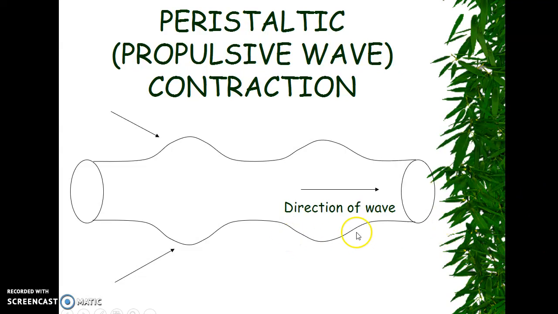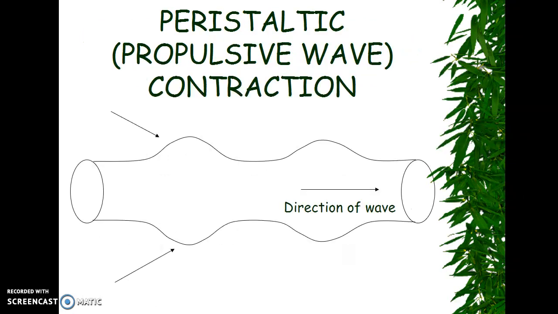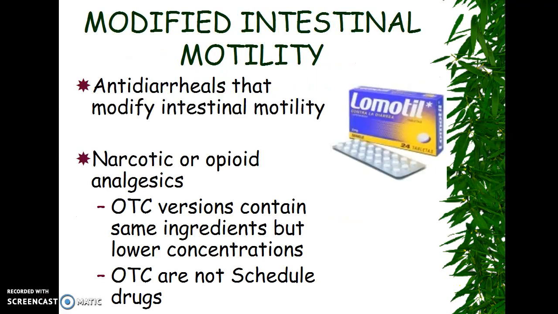So these actually move it. We need to have enough of the segmental ones so that we have enough time for absorption, and we're mixing things in place and allowing it to digest. But then we also need to move it through the intestinal tract. Okay, so we're going to talk about modifying motility first.